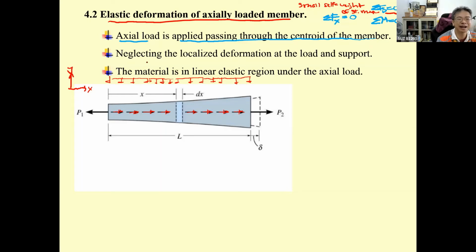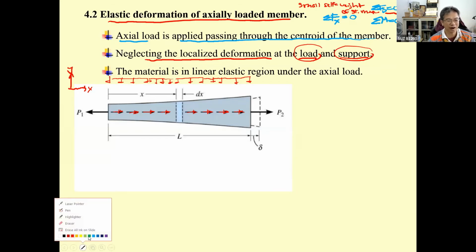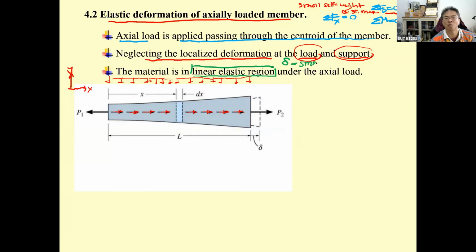And then we neglect the local deformation at the load and at the support that I mentioned before. And the last one, the behavior of the material is going to be linear elastic, and then again the deformation is going to be very small due to this linear elastic behavior.